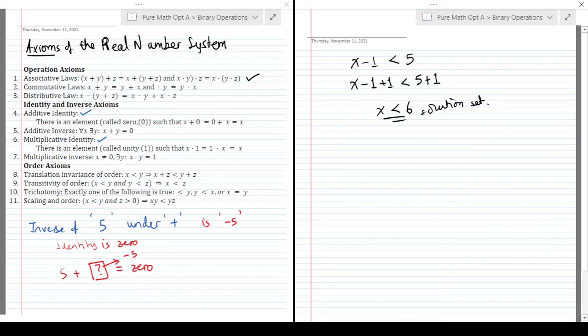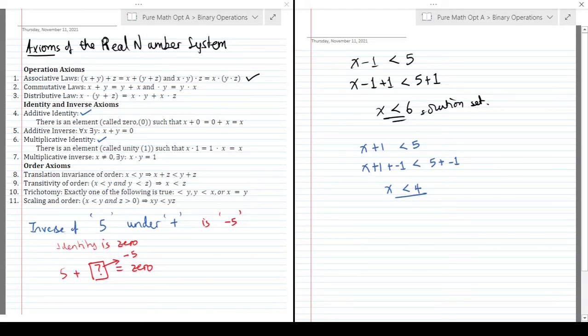The fact that you can add a number to both sides works for subtraction as well. If I have x plus 1 is less than 5, I can subtract 1 from both sides, but subtraction is like addition of a negative number. So x plus 1 plus negative 1 is less than 5 plus negative 1, and x itself is less than 4.